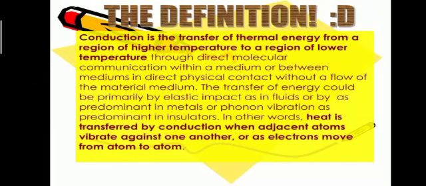Conduction may be the flow of heat, the flow of thermal energy, or the flow of free electrons. The flow of current in metallic conductors, for example copper, is due to the movement of electrons in the metal without any chemical change. Means no chemical change occurs, only the electrons move.